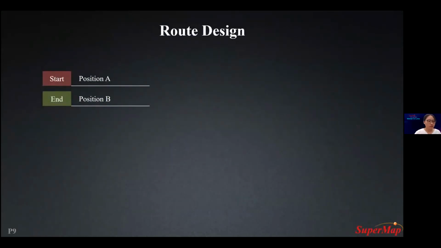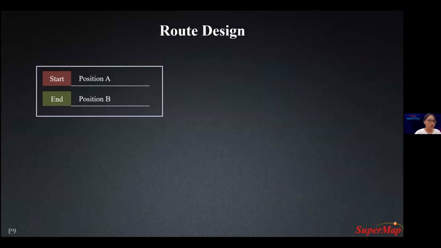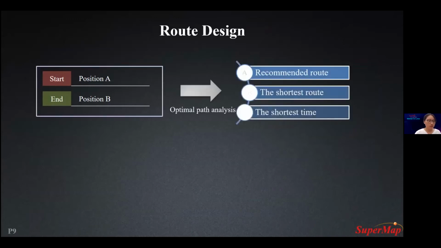Network analysis is a basic analysis in GIS, which can analyze the path design between two locations and list all available routes. It can be the shortest route or the route that costs the least time.